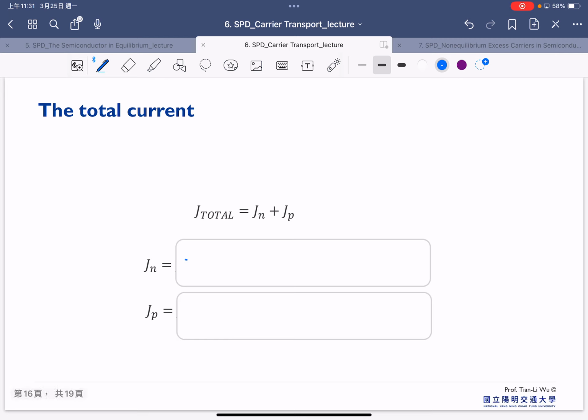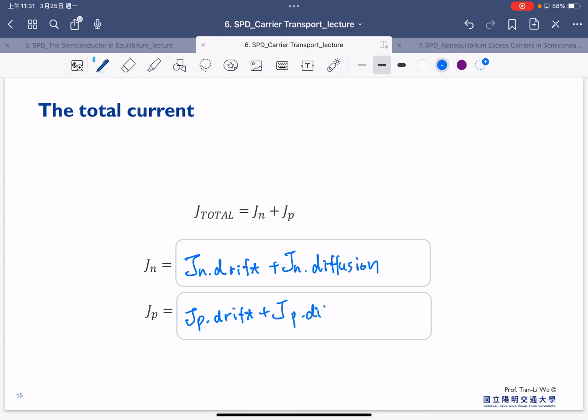First is drift, so the contribution comes from the drift current plus the contribution from the diffusion current. And the same thing is true for the hole current. So that's J_P drift plus J_P diffusion.